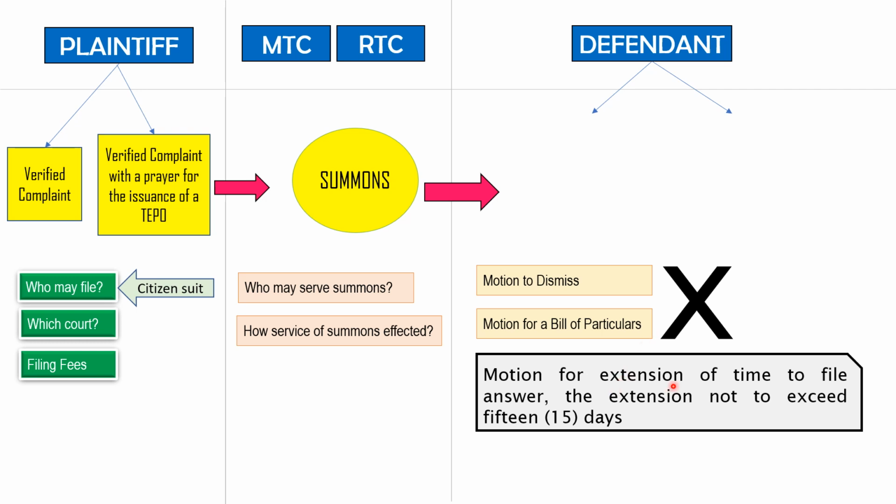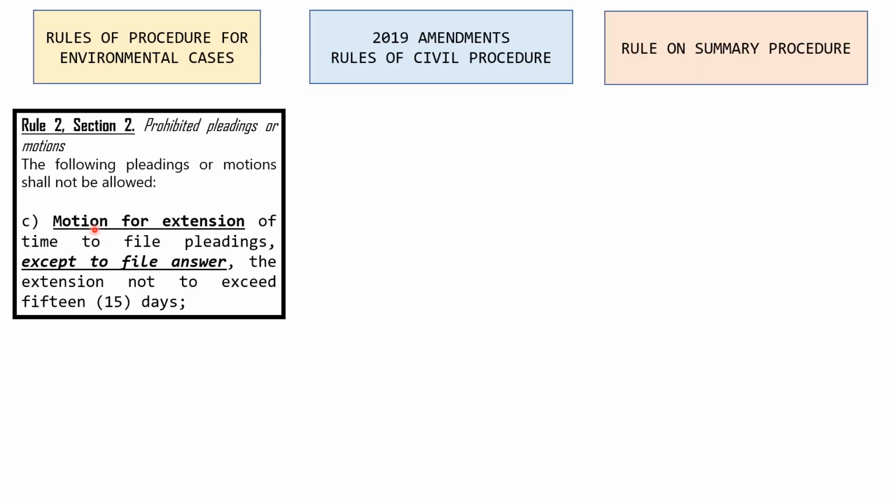How about a motion for extension of time to file answer? Then this is allowed. This is not prohibited. So motion for extension of time to file pleadings is a prohibited motion. But if the motion that you are going to file is a motion for extension of time to file answer, then that is allowed as long as the extension that you are requesting will not exceed 15 days.